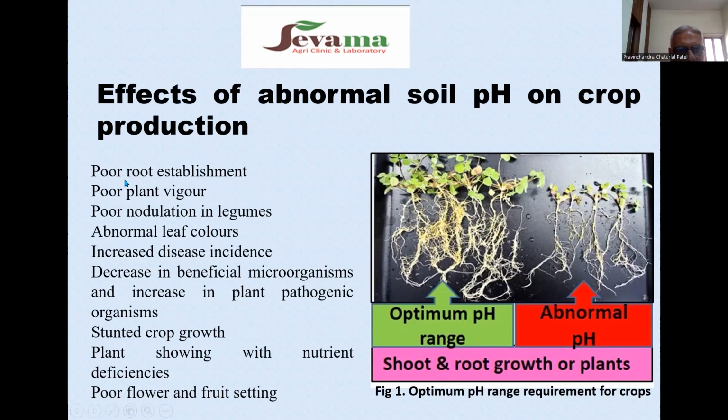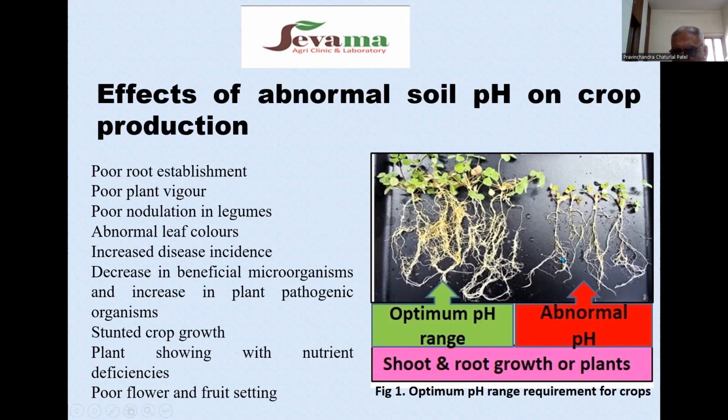So what is the effect on root establishment, plant vigor, and nodulation in legume? You can see here the effect on nodulation in legume, increased disease incidence, decrease in beneficial microorganisms, and increase in plant pathogenic organisms. When there is an abnormal pH, the microorganism growth declines.